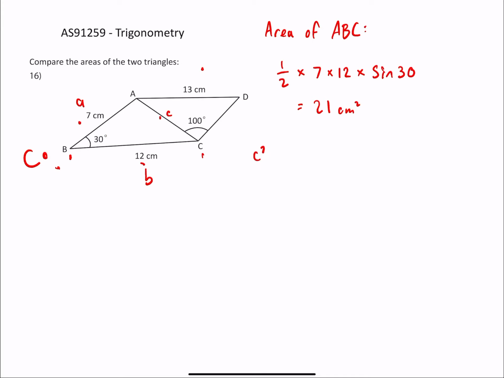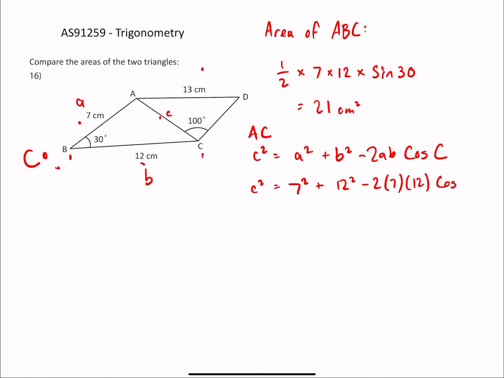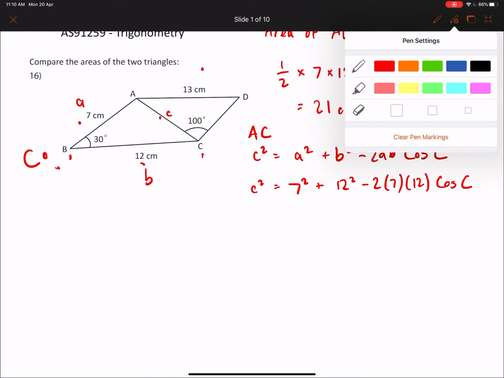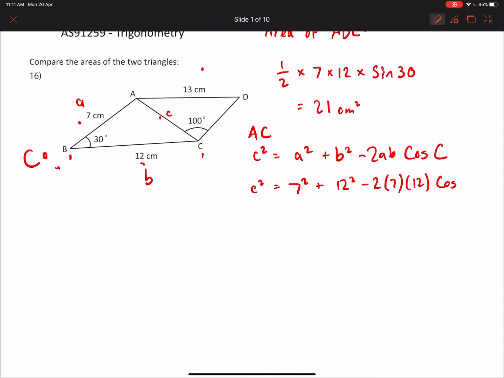That is C squared equals A squared plus B squared minus 2AB cos C. Substitute what I've got, so C squared equals 7 squared plus 12 squared minus 2 lots of 7, 12 cos 30, that is. So let me just change that back.